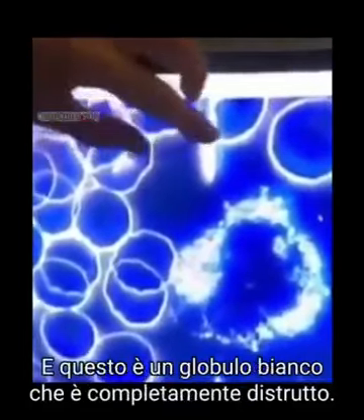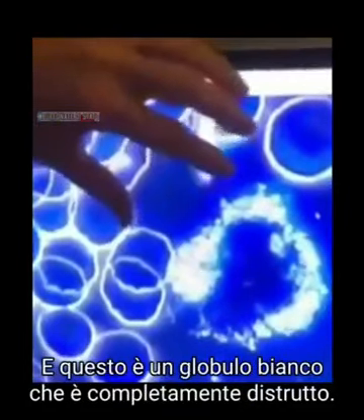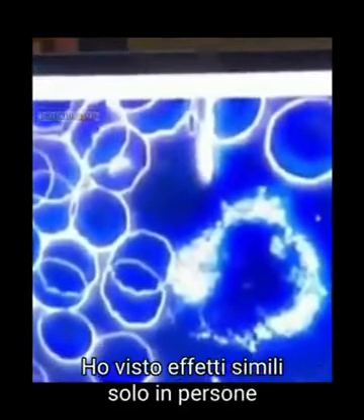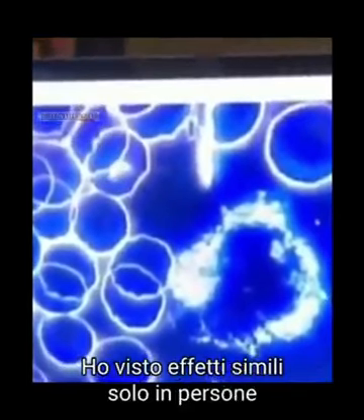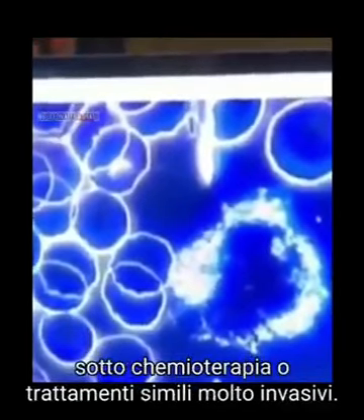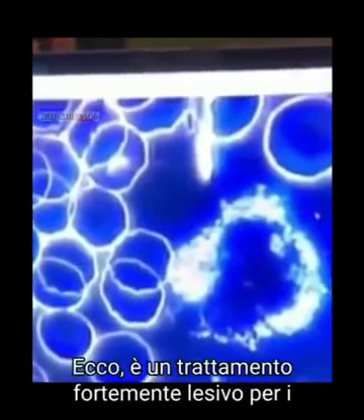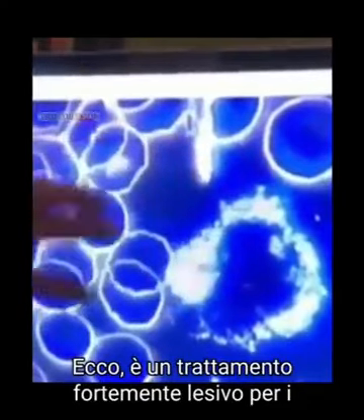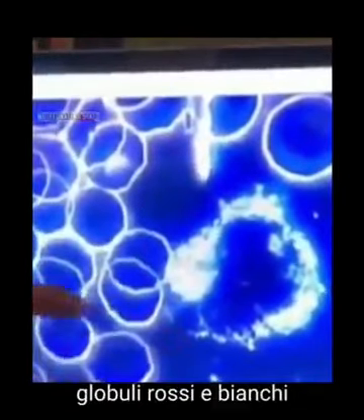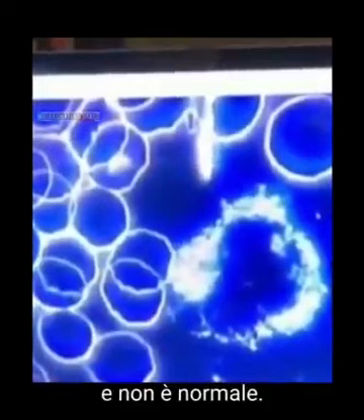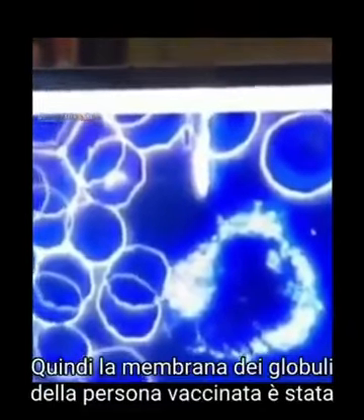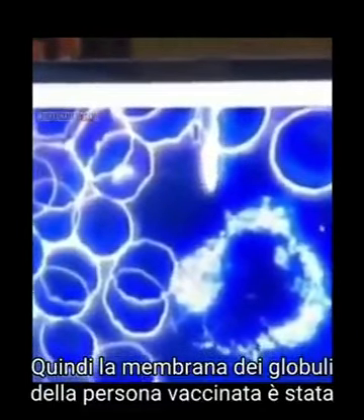And this is actually a white blood cell which is completely destroyed, which I have only seen in people after receiving chemotherapy or some similar treatments that were very toxic. So again, it's very damaging to the red and white blood cells. Yeah, this is not normal. So the membrane of the blood cells in a vaxxed person has been completely corrupted.